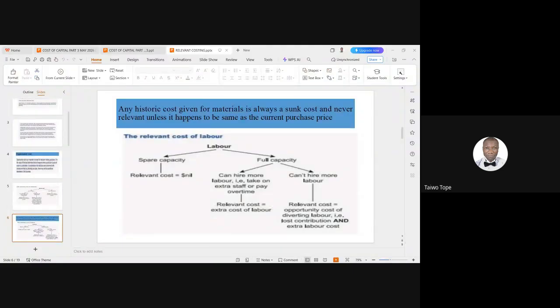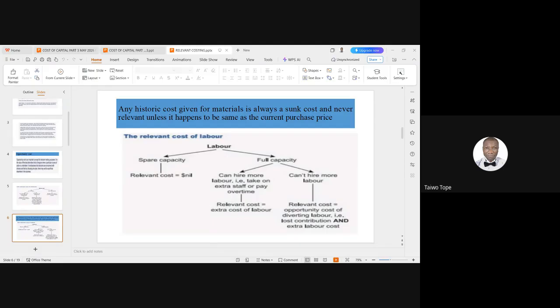Now, where you can't hire more labor, where the circumstance does not warrant you to hire more labor, maybe the task you want people to be engaged in is a specialized task that you need professionals to handle.